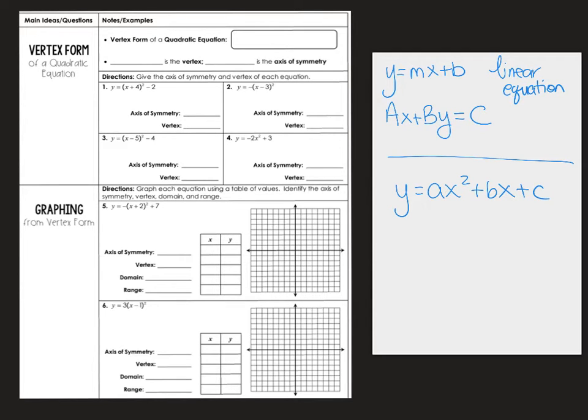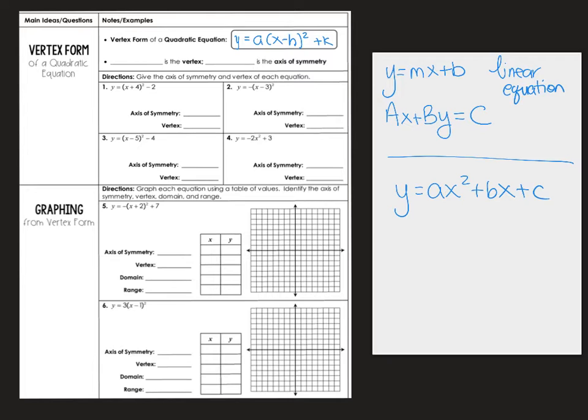So for your vertex form of a quadratic equation, it's y equals a multiplied by x minus h all squared plus k. What's really nice about vertex form is that you can find things like your axis of symmetry and your vertex without having to do as much work as you were doing when we had standard form on the first pages of this unit.